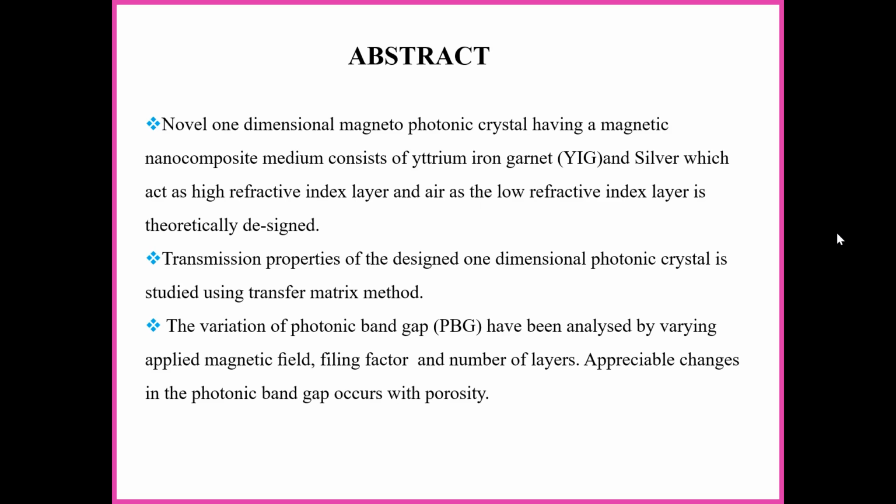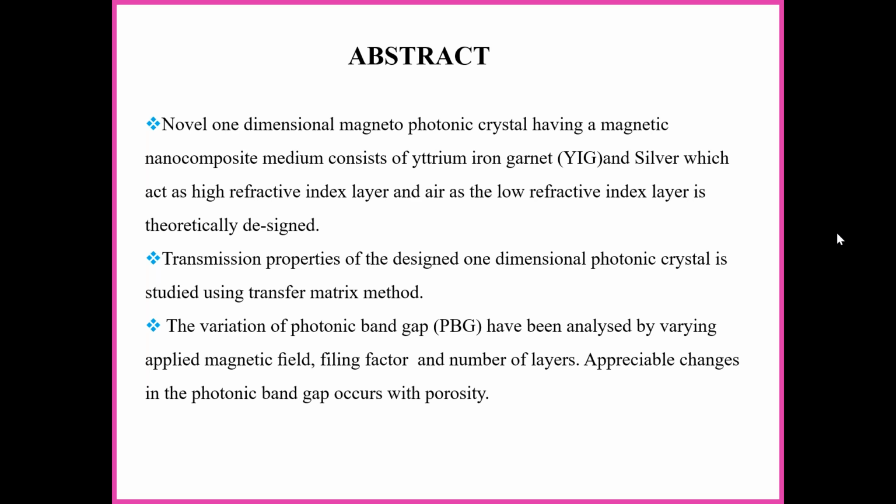Here we are briefly studying some of the arrangements. The novel one-dimensional magnetic photonic crystal has a magnetic nanocomposite medium consisting of yttrium iron garnet and silver as the high refractive index layer, and air as the low refractive index layer. It is theoretically designed. So we are taking two materials. One is a composite material, which we can call a nanocomposite material.